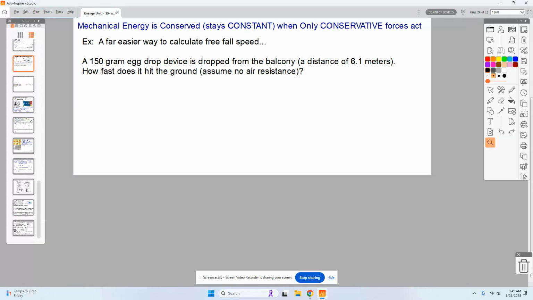Okay, so we're dropping from the balcony. We have our egg drop project, and that egg drop project accelerated due to gravity and then hit the ground at some speed that you had to determine.